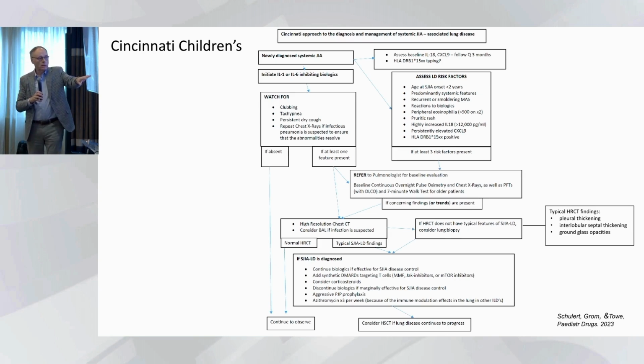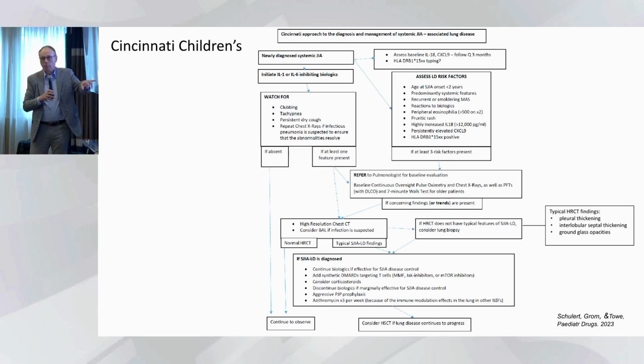But we do add some kind of a synthetic DMARD that would target T cells, could be MMF. I think JAK inhibitors are becoming more popular. I think the Boston group at some point was in favor of mTOR inhibitors, although I'm not sure how much they help. We certainly choose usually between MMF and JAK inhibitors. Consider corticosteroids, I think it may be helpful.